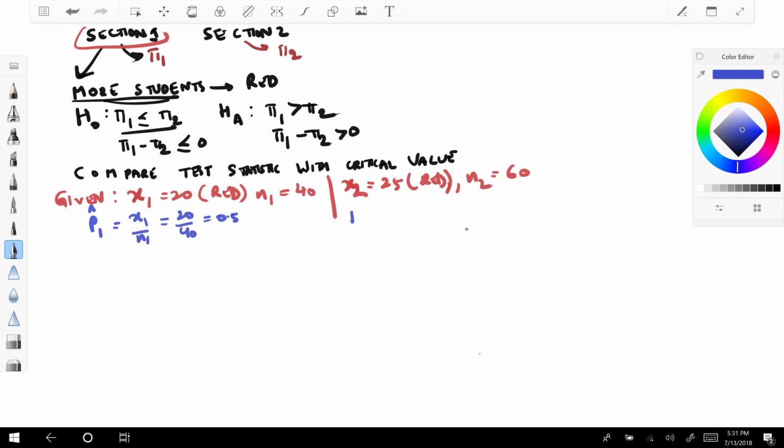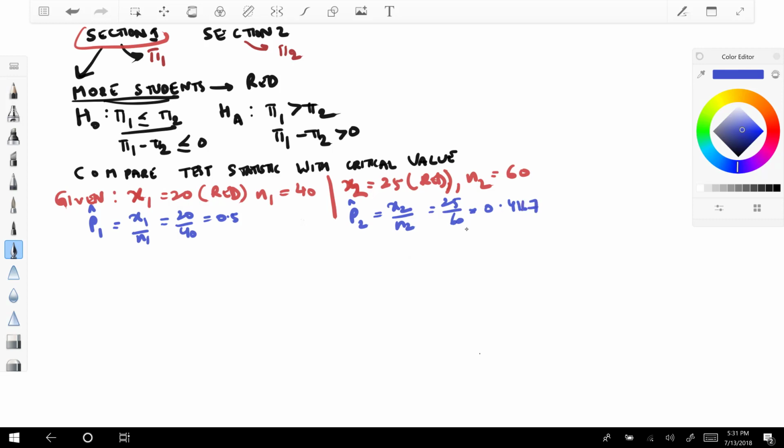The proportion for sample 2, p2 hat, is given by x2 over n2. So that is 25 over 60, that is 0.4167.